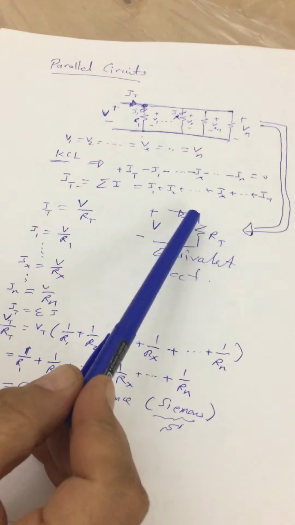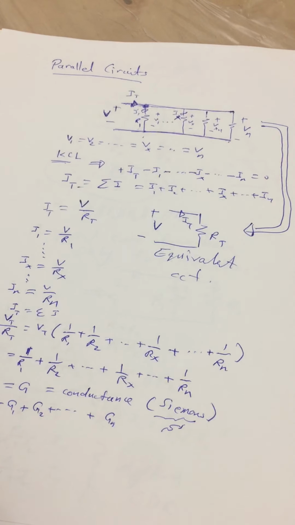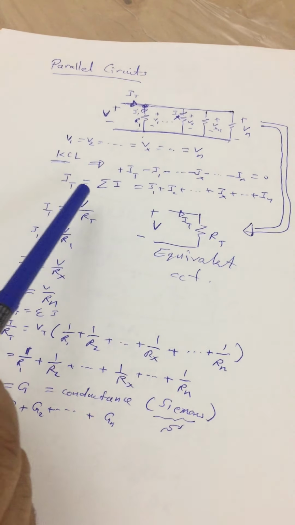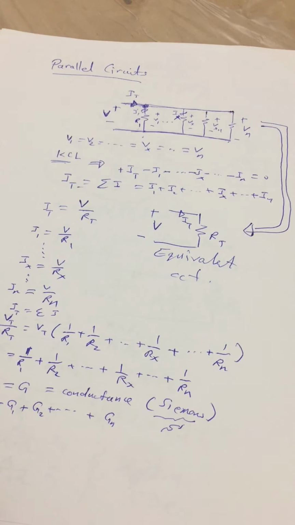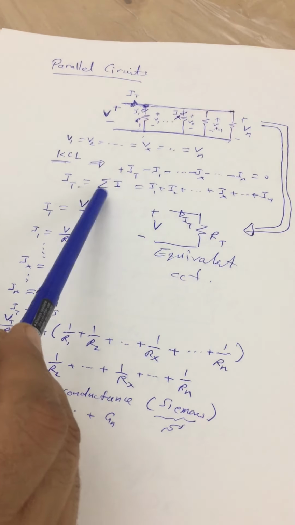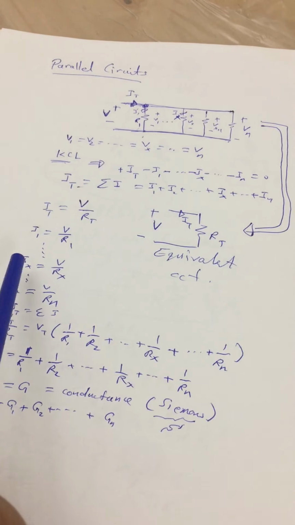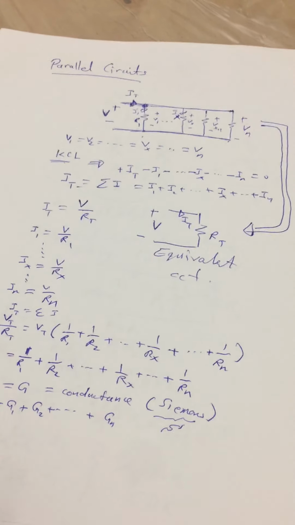So what is I total here? It is basically V divided by R total. That's Ohm's law. So I total is V divided by R total. And I total is equal to the sum of all these currents. And I1 is V over R1, Ix is V over Rx, and so on.